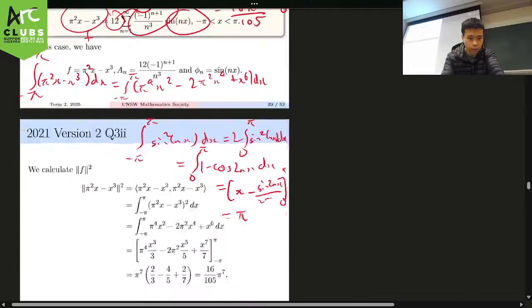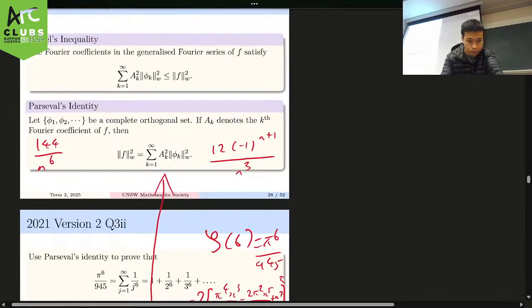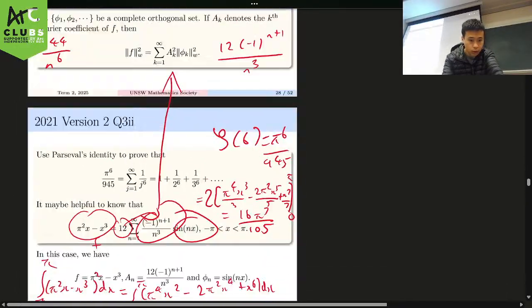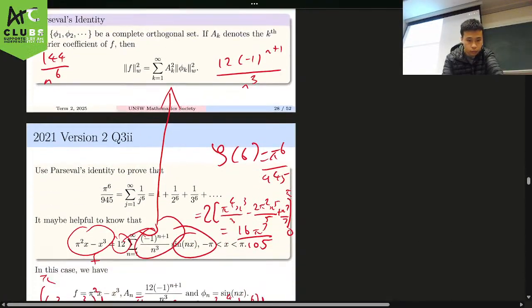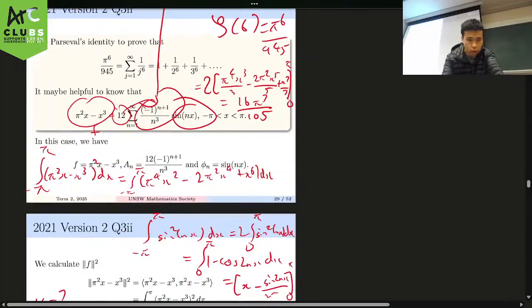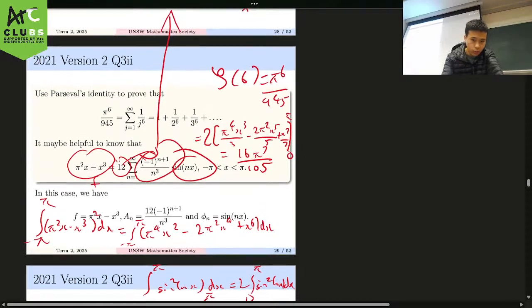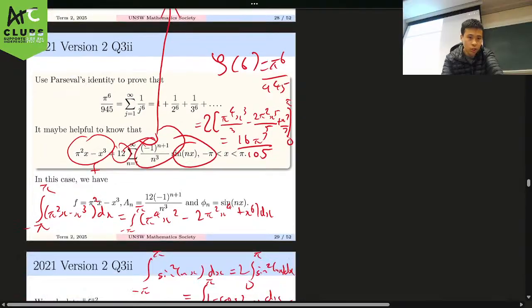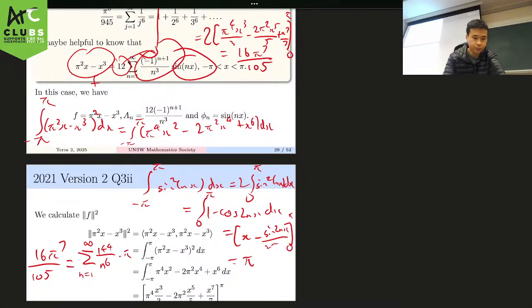So kind of just compiling what we have. The left side is 16 pi to the 7 on 105. That's equal to, then, okay, we still have the sum though. Sigma, sum n equals 1 to infinity. So we conclude that for the coefficient squared, that was 144 on n to the 6, times that by pi.